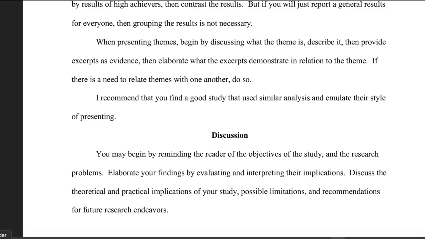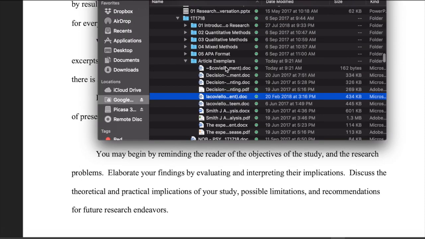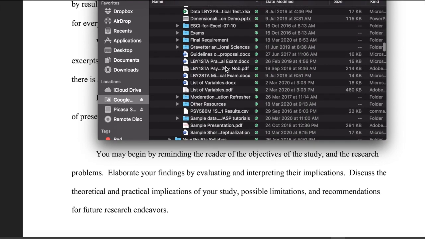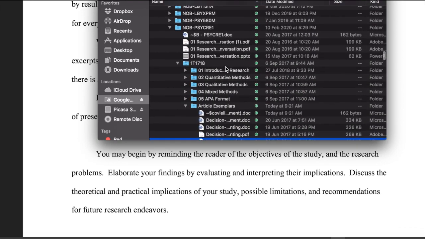Okay. Let's see if I can pull out an example.